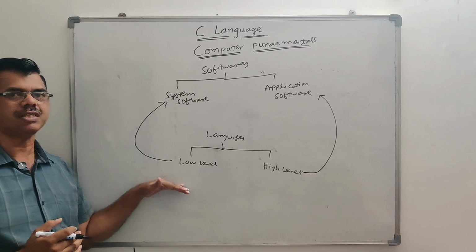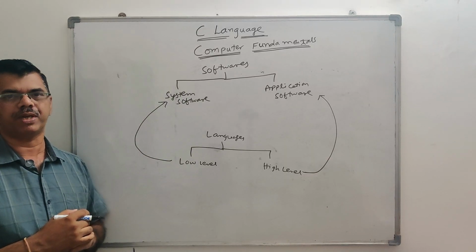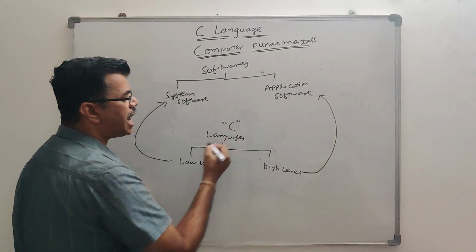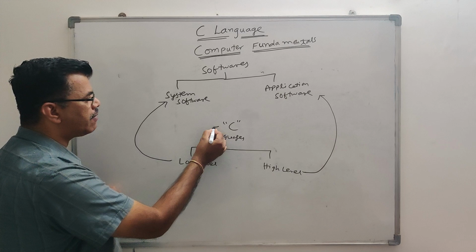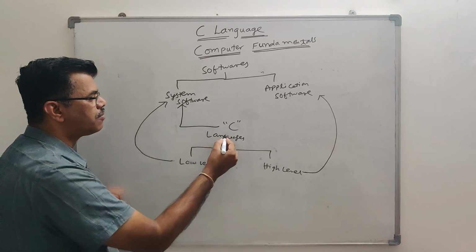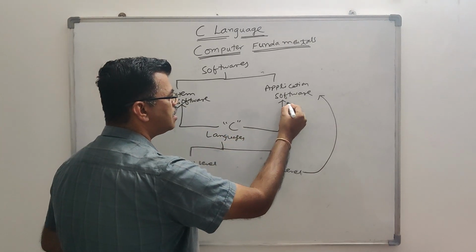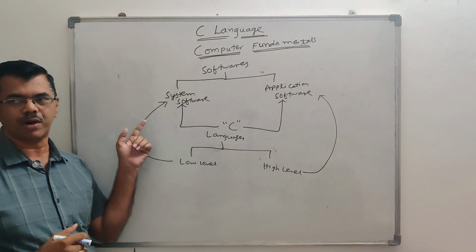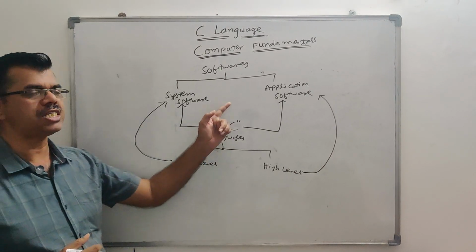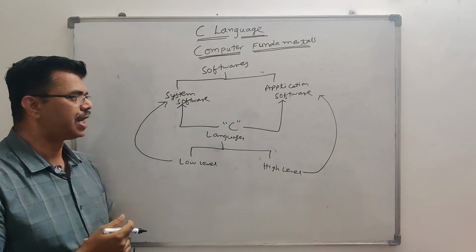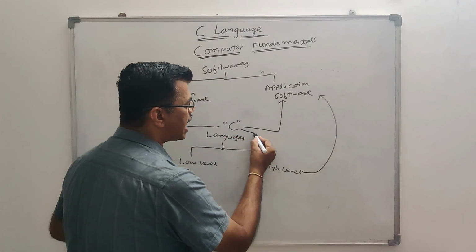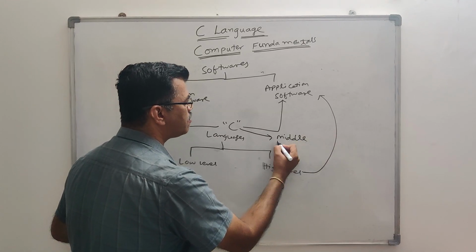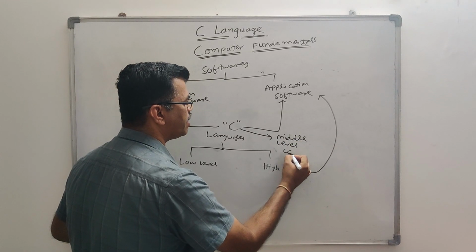This is the place where C language comes into the picture. C language is used to develop what? System software as well as application software. That's the reason C language is even called a middle level language.